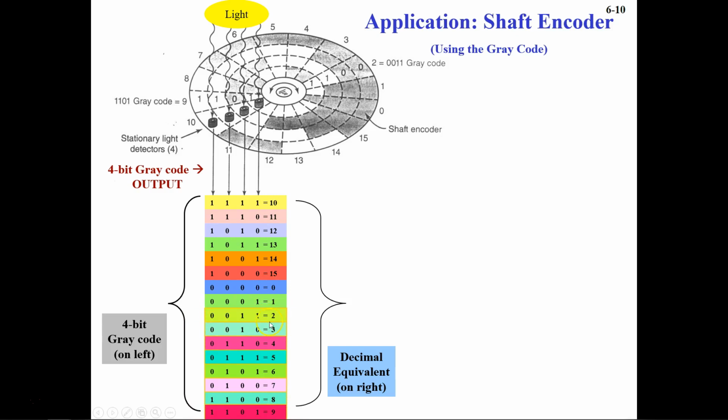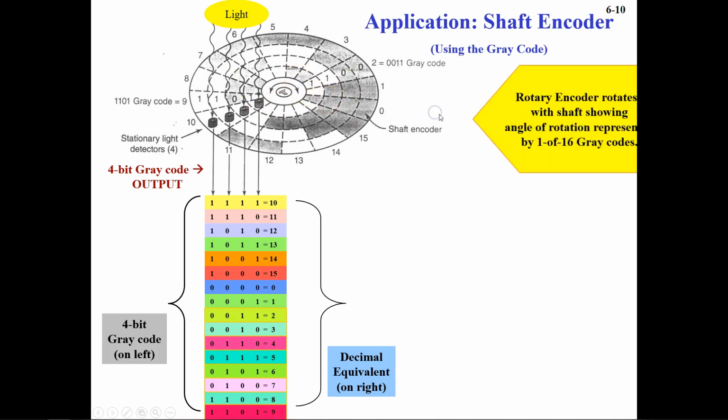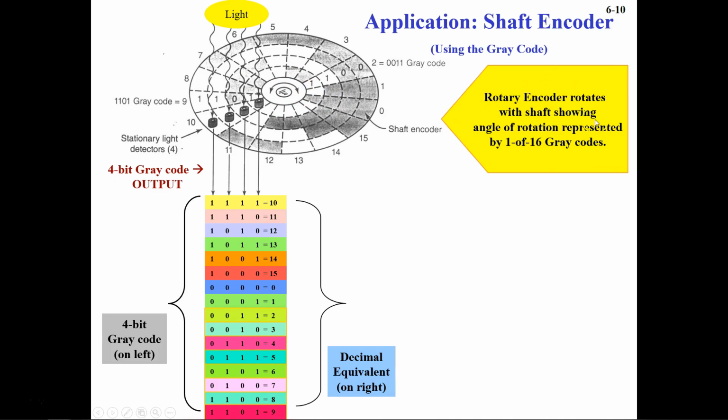The 4-bit gray code you see on the left-hand side represents each of the segments. So wherever your shaft encoder rotates, that rotation can be recorded, showing at which position your shaft encoder is. The rotary encoder rotates with the shaft, showing the angle of rotation represented by one of 16 gray codes.